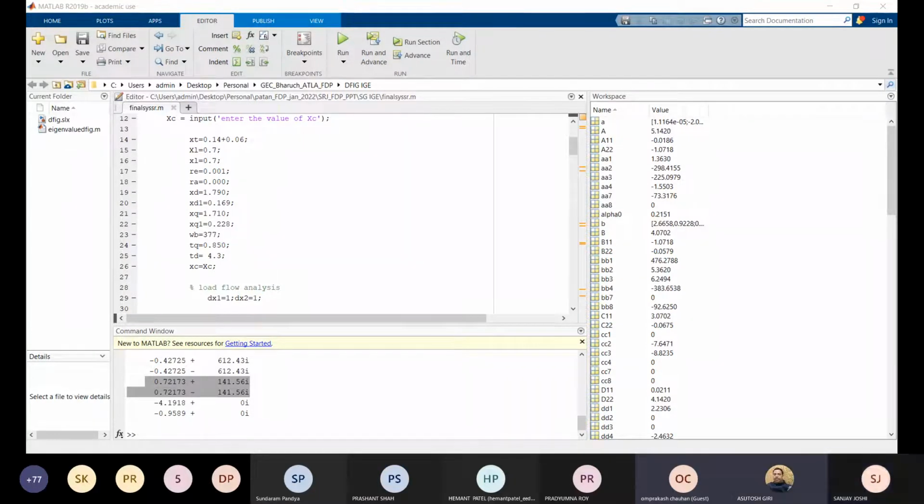Earlier it was 0.02, so that was providing damping and the network mode was not becoming unstable. But the moment we change it from 0.02 to 0.001, which is much lesser, effective damping is no longer provided by RE. As a result, our system, which was stable in the first column with RE equal to 0.02, has become unstable in the fourth column. I hope this is clear and understood.